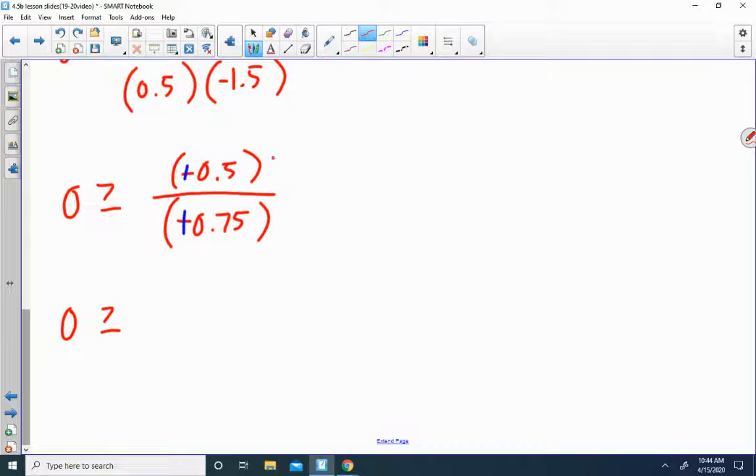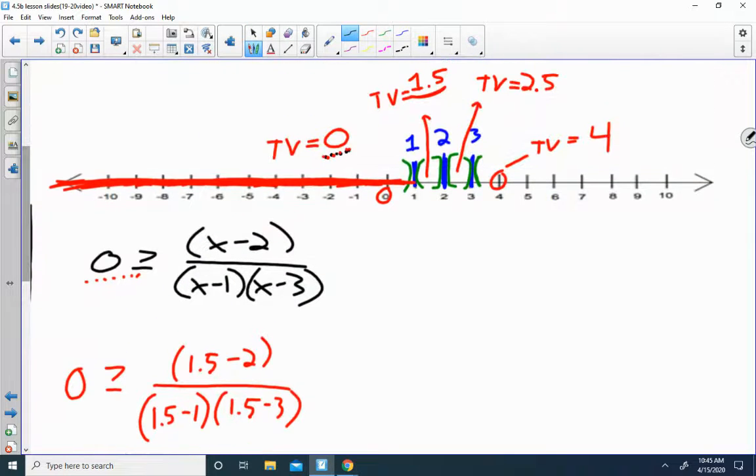In other words, 0.5 divided by 0.75, and that's going to give you 0.66 repeating. And is 0 bigger than 0.66? Or is 0 bigger than a positive number? No, 0 cannot be bigger than a positive number. So that is a flop. So the second interval, that tiny little interval, is a flop.